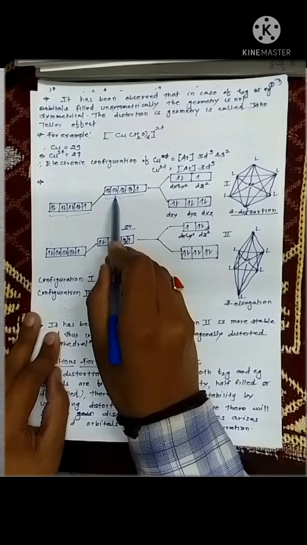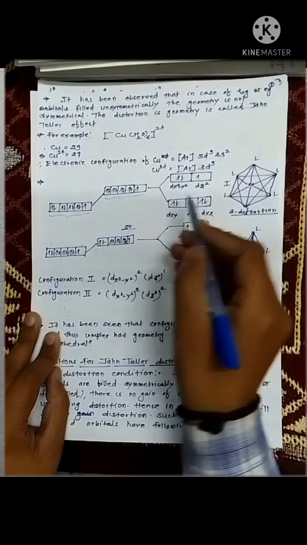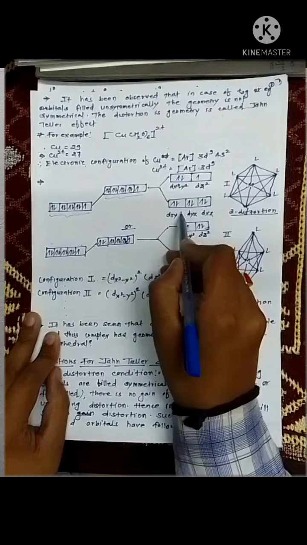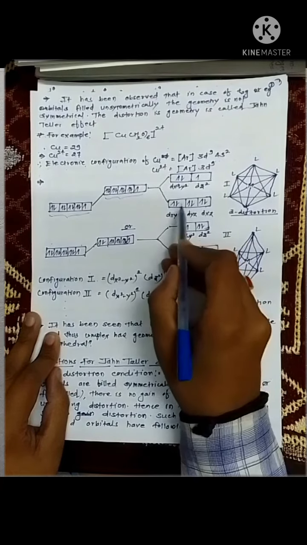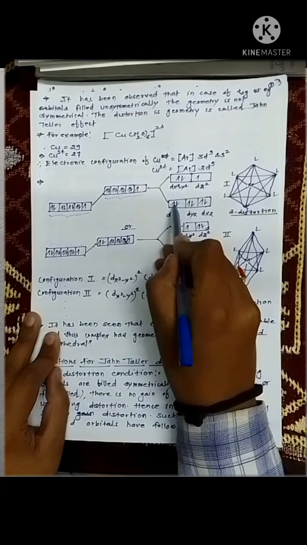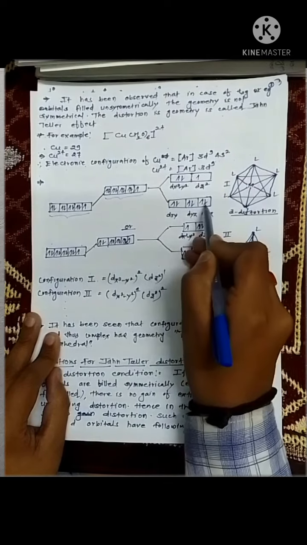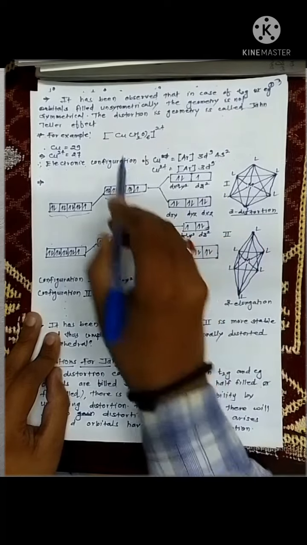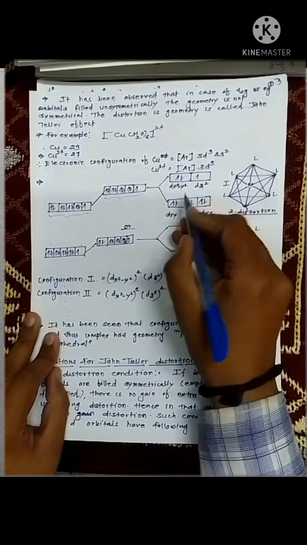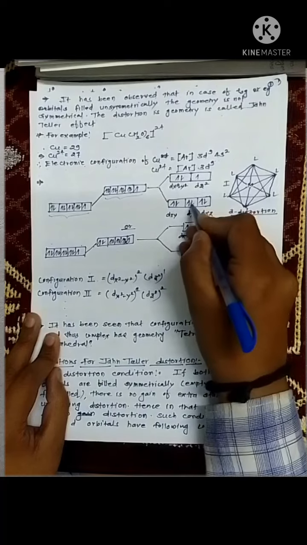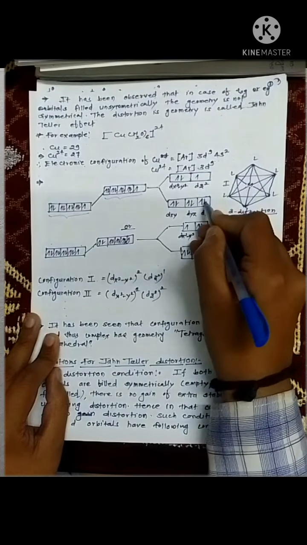Now these 9 electrons we have to fill. First we have to fill electrons in the lower energy orbitals, so we fill one by one. The first electron is put here, the second is also put here, the third is also put here. Then we put the next electron here, that is the fourth electron, then fifth, then sixth.